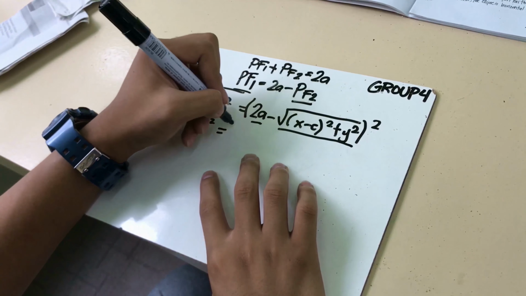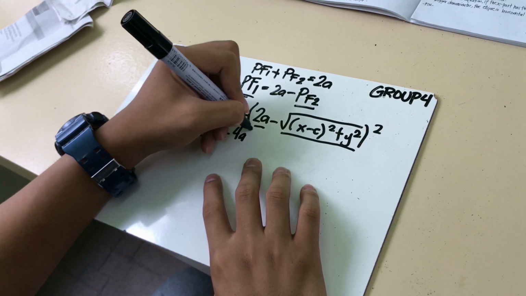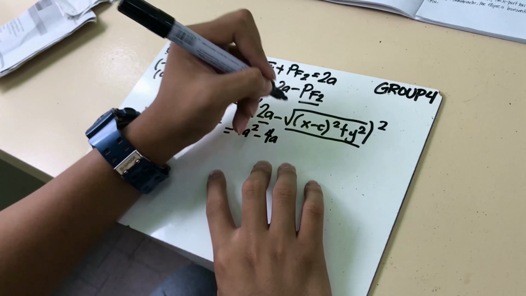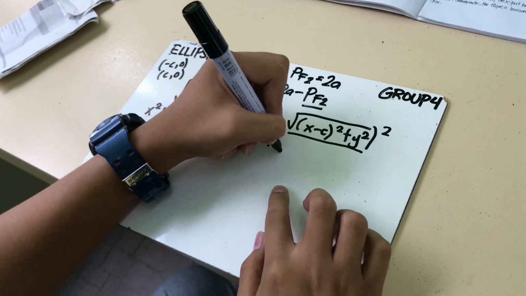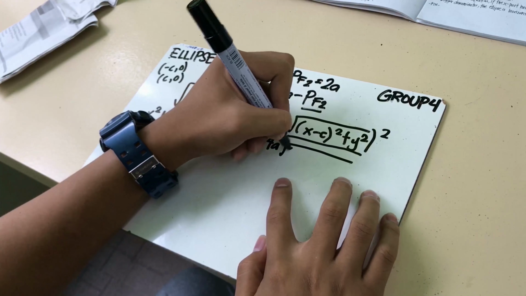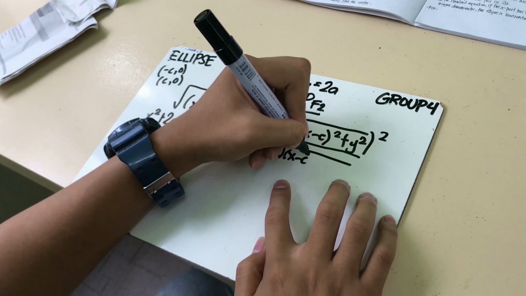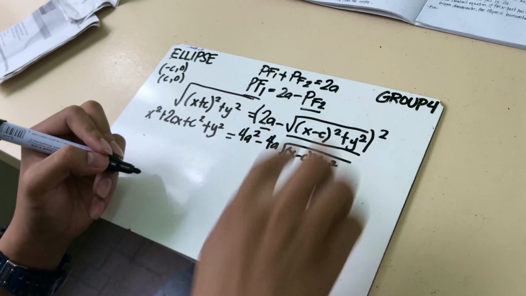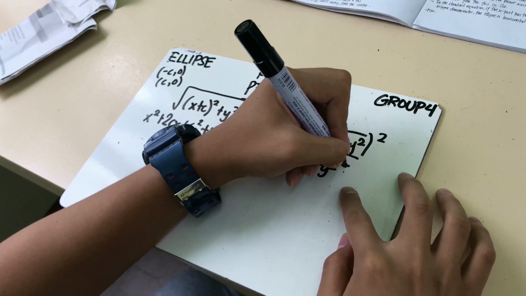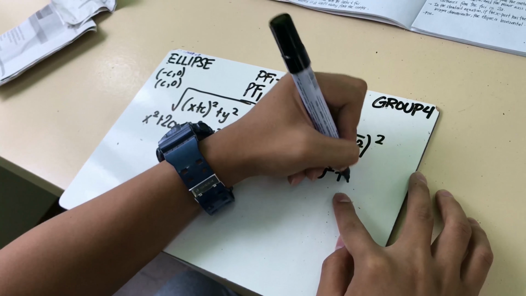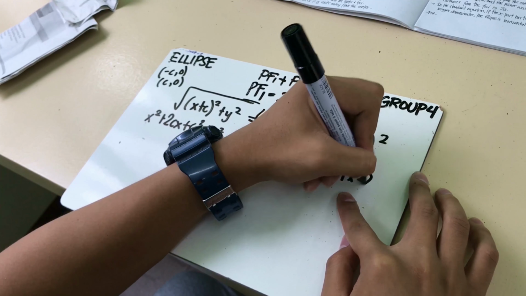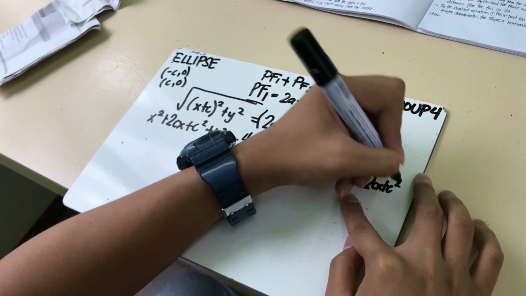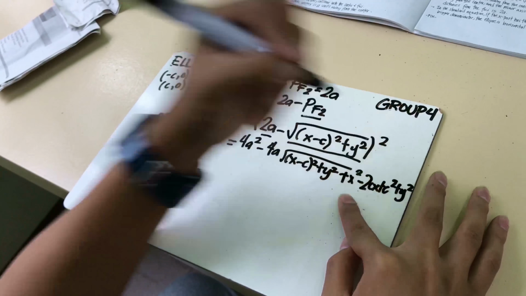So we get 4a squared minus 4a, then we simply copy x minus c squared plus y squared, and then we get the square of this, which is x squared minus 2cx plus c squared plus y squared.